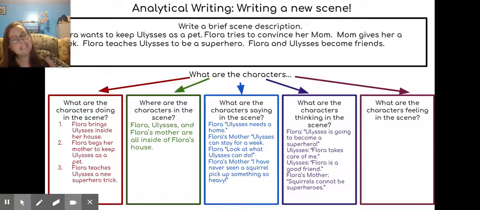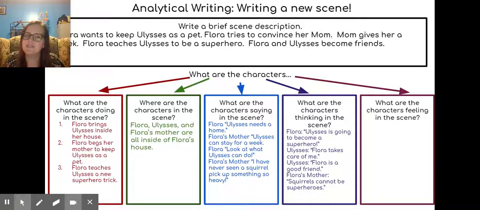I went with Ulysses doesn't know how to talk yet, so he only uses his thoughts and his actions. So Flora is thinking that Ulysses is going to become a superhero. Ulysses thinks that Flora takes care of me and that Flora is a good friend. And Flora's mother thinks that squirrels cannot be superheroes. She's about to be very surprised.